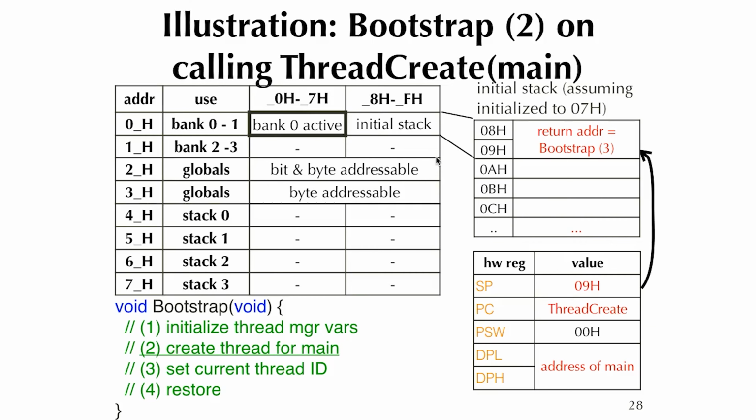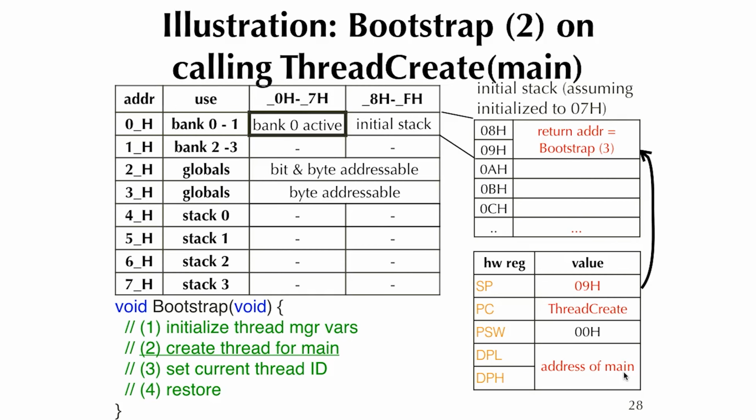Okay, so it's pushing the return address back to Bootstrap, which would be the return address at step 3 of Bootstrap by the time it returns. Now PC is pointing at thread create because we're calling it. The stack pointer has the return address, and DPL/DPH has the address of main.